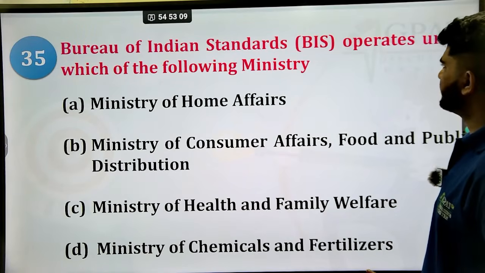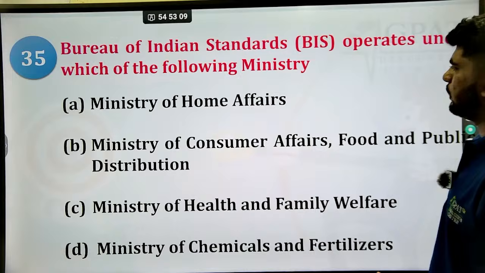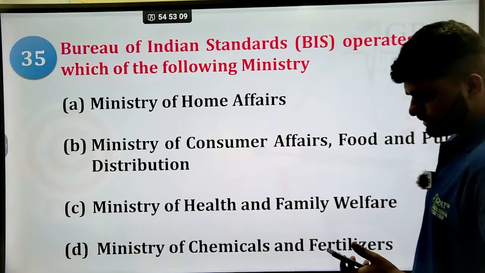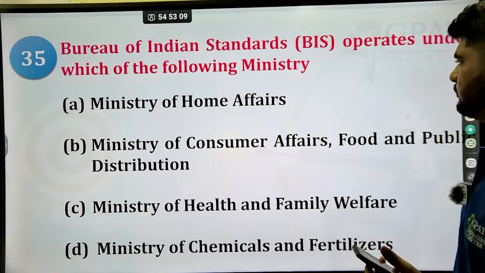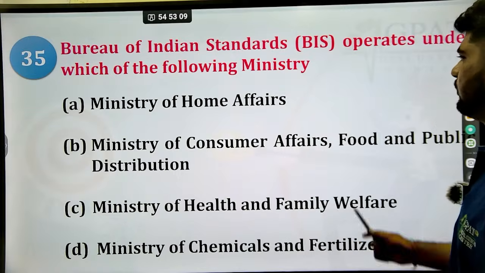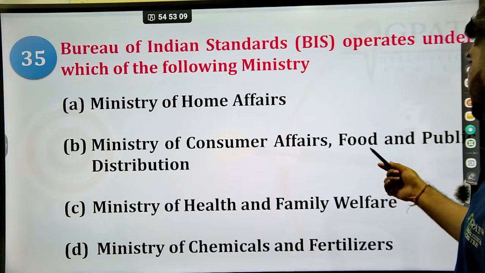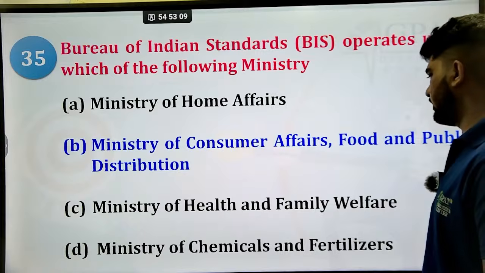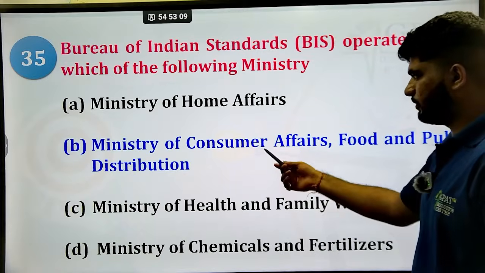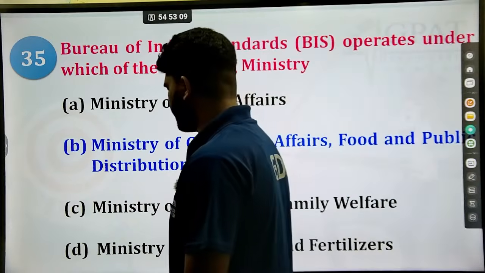Okay, Bureau of Indian Standards operates under which of the following ministries? Ministry of Home Affairs, Ministry of Consumer Affairs, Food and Public Distribution, Ministry of Health and Family Welfare, or Ministry of Chemical and Fertilizer. That is the Ministry of Consumer Affairs, Food and Public Distribution.